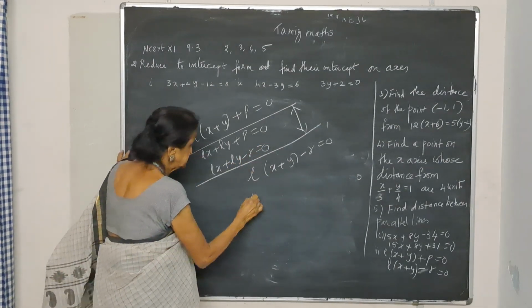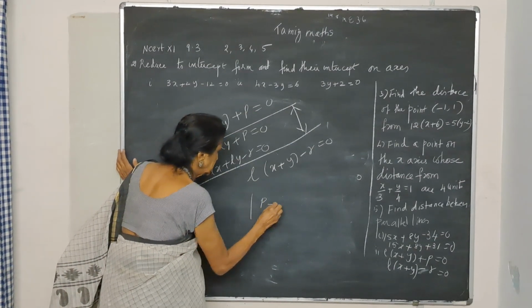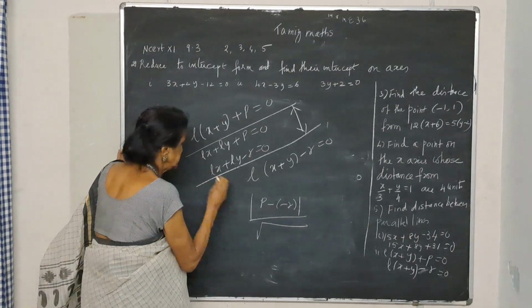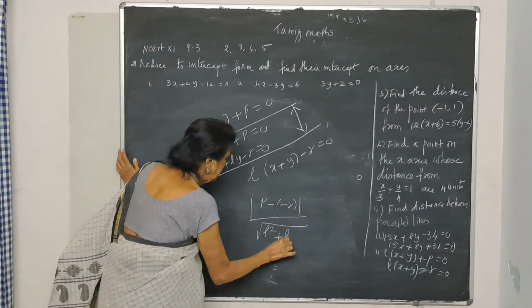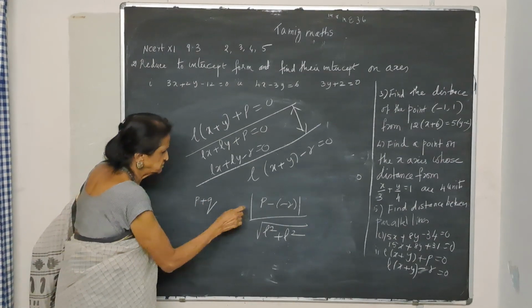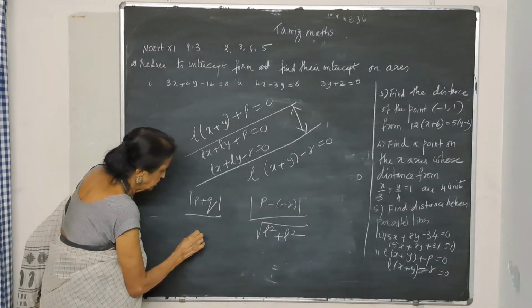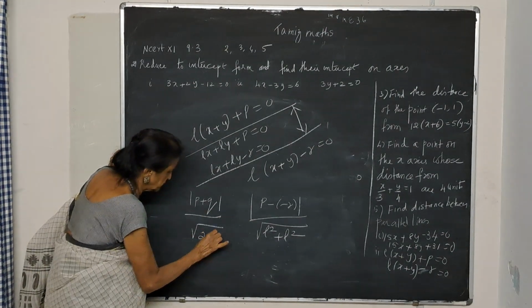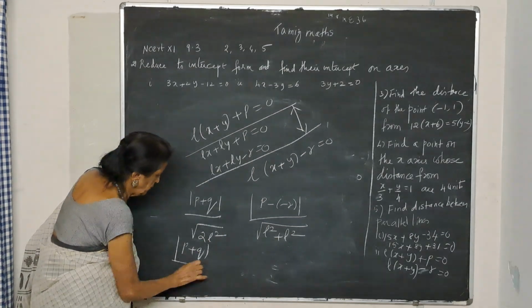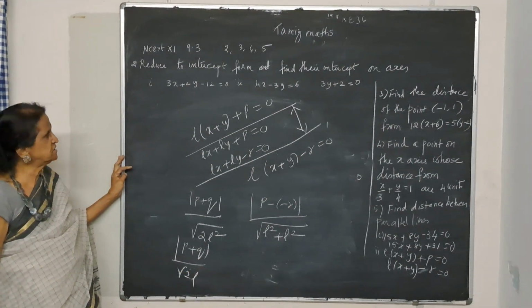So the perpendicular distance is C1 minus C2, minus of minus r, by root of a square plus b square. a square is L here, b square is also L here. So this is p plus q, modulus of p plus q by root of 2L square. So this will be modulus of p plus q by root 2 into L. So this will be the answer for the last question.